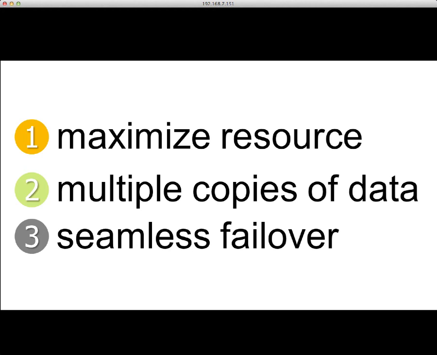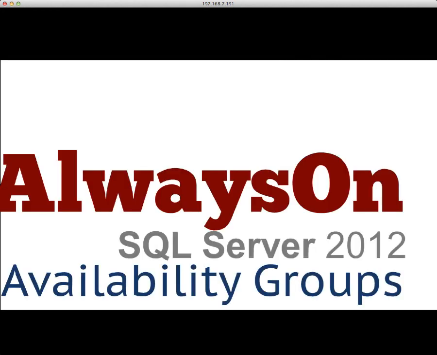In the demonstration, you've seen 3 synchronous copies of data in 3 different SQL Server instances. And finally, you've seen how seamless failover happens when you configure the Always On availability group listener and use the listener name for your connection strings in your application. That's Always On availability groups.